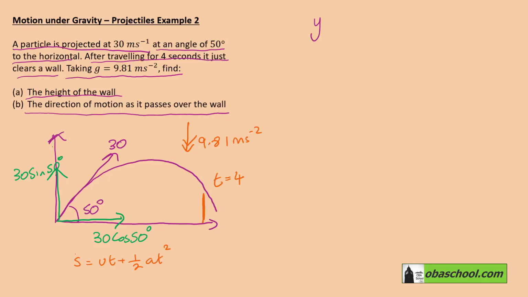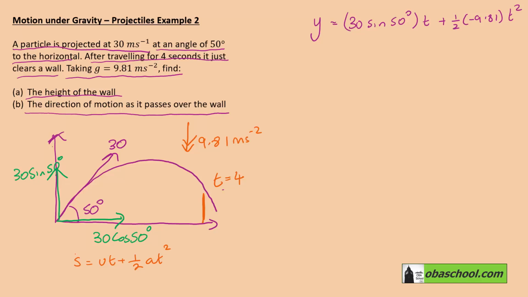Let's call it y, the displacement. That's going to be 30 sine 50 degrees t plus a half of negative 9.81 t squared.